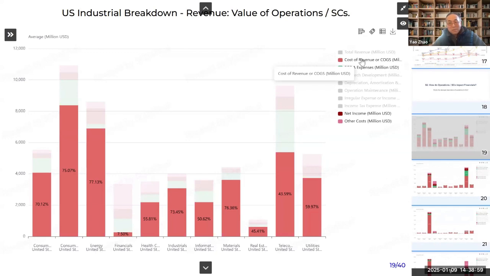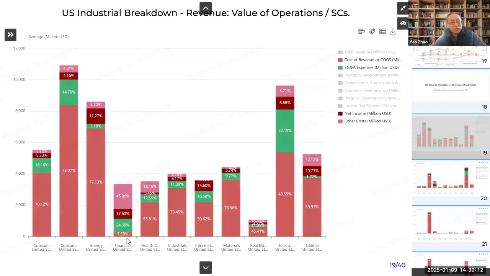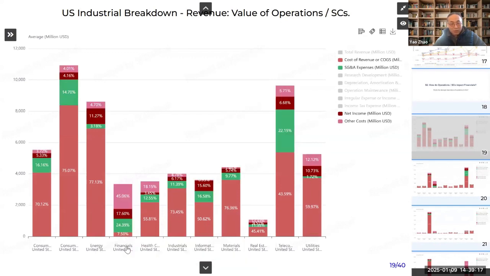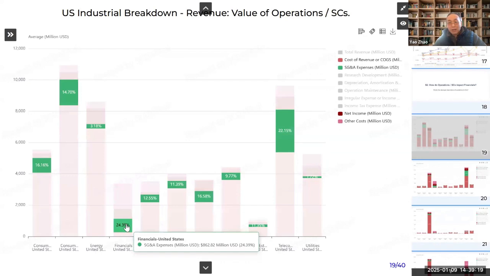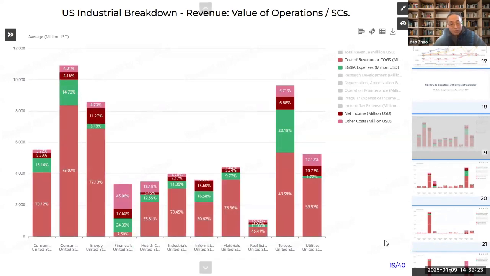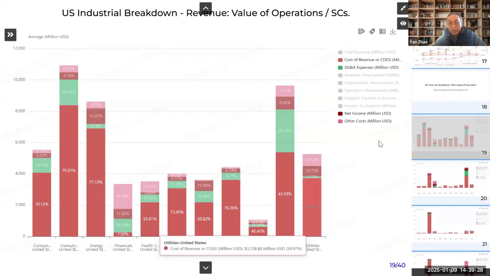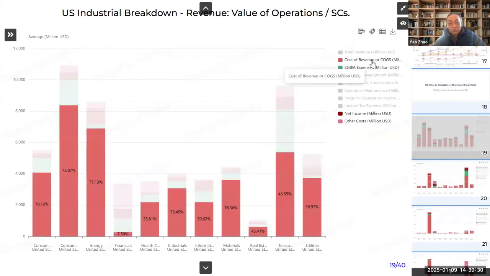Do you know which one? There's only one industry sector where cost of goods sold is not the biggest cost component. And that industry is, yes, you're right, it's financials. For financials, only 7.5%. SG&A accounts for a much bigger percentage. But other than financials, for all the other industry sectors, cost of goods sold is the largest cost component.